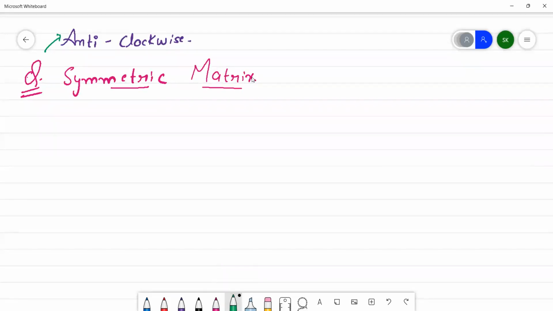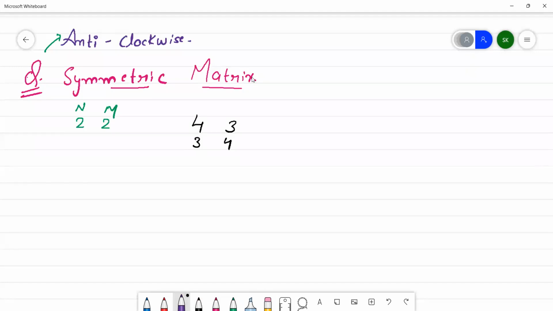A symmetric matrix is nothing but, you have been given the size of the matrix. Let's suppose this is your n number of rows, this is your m, and the matrix given to you is 4, 3, and 3, 4.